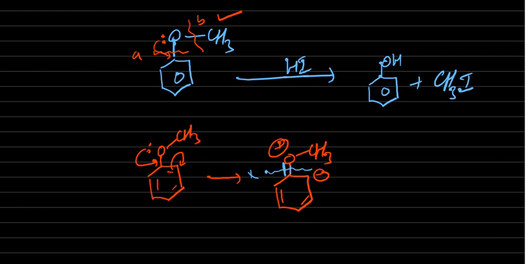Next, one more important point. Suppose a tertiary butyl group like this is there with methyl. In this case, which mechanism will it follow? It follows the SN1 mechanism.